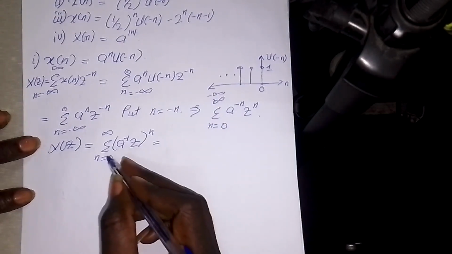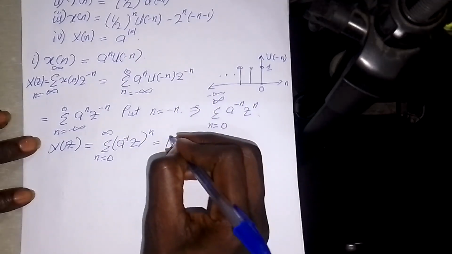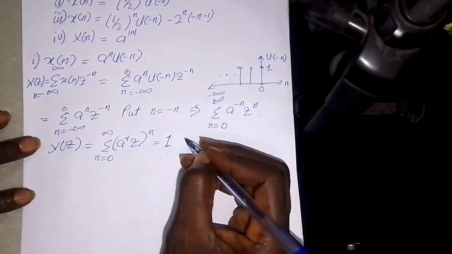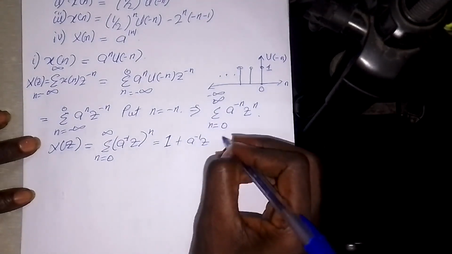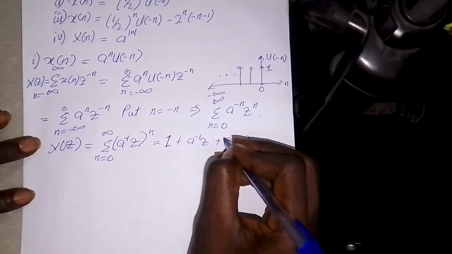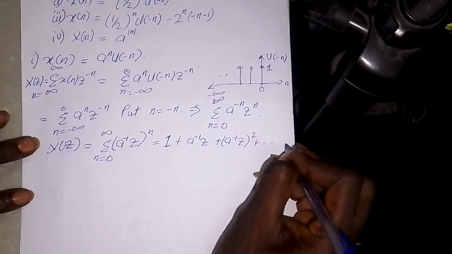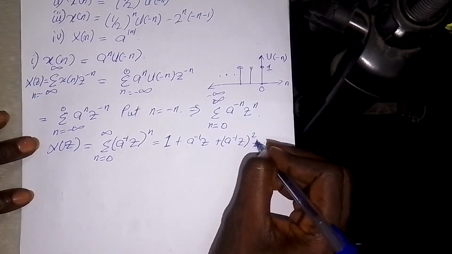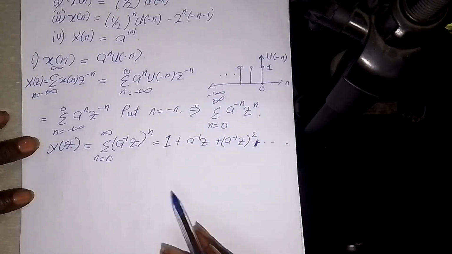If n is equal to 0, you get 1. If n is equal to 1, you get a exponent minus 1 z. If n is equal to 2, you get a exponent minus 1 z squared. And then it goes on to infinity, because it's from 0 to infinity. So this is what you get.